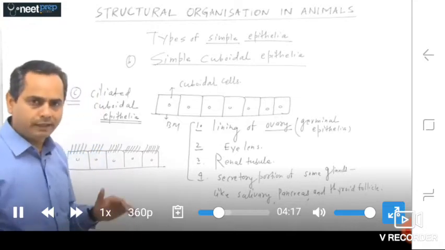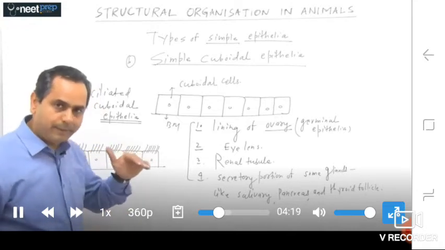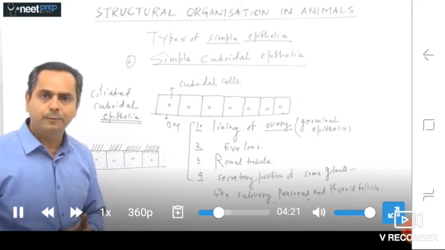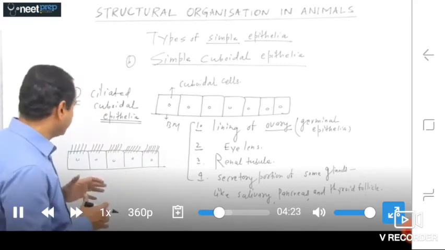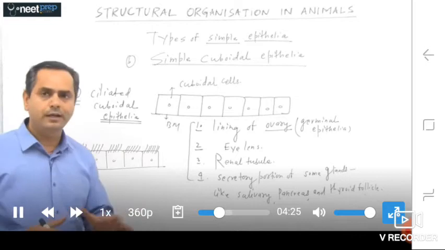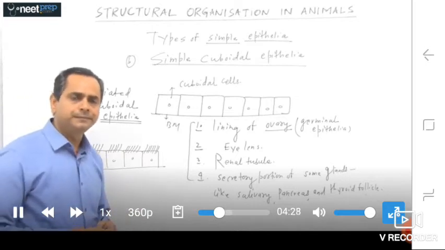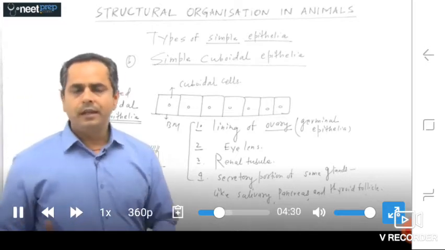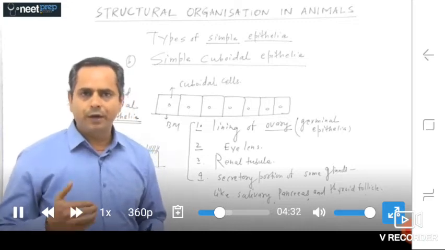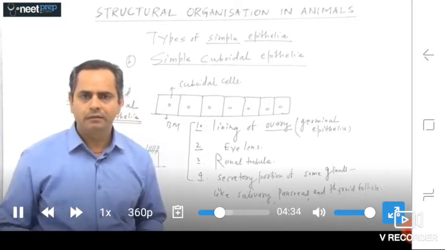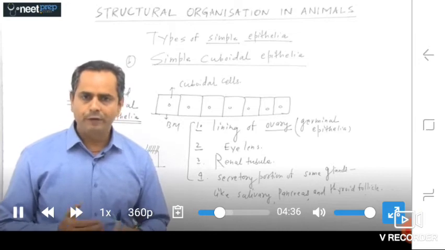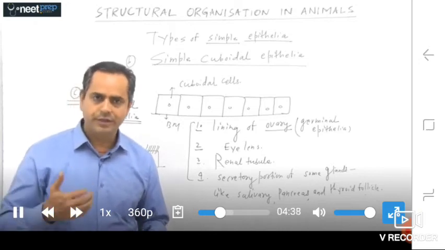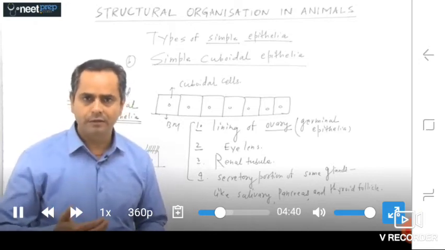There are true cilia that are present on the apical part of the simple cuboidal epithelia, and that is the structure called ciliated cuboidal epithelia. And remember, in this kind of epithelia, cilia provides movement. And whenever we talk about movement of anything in the body structure, we need either cilia or flagella.